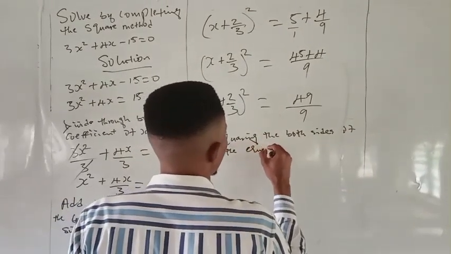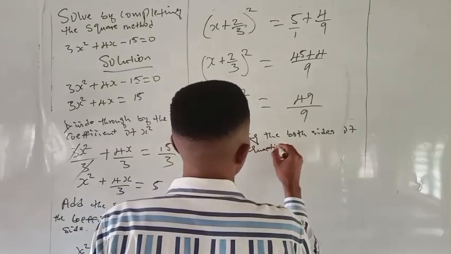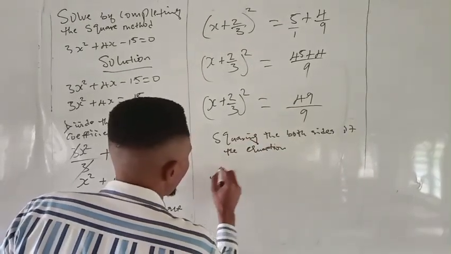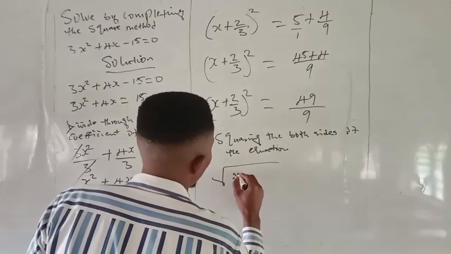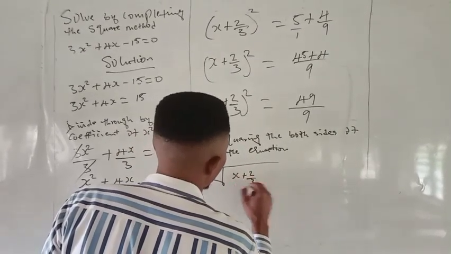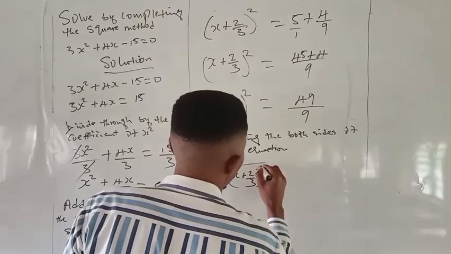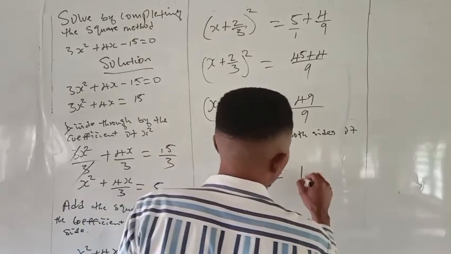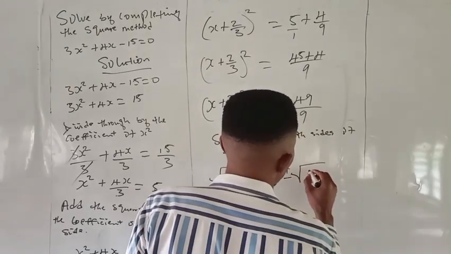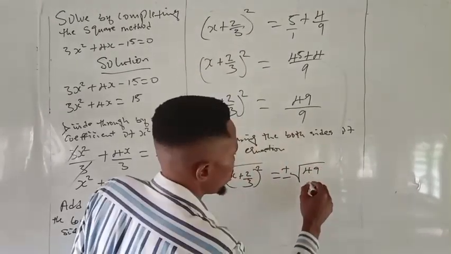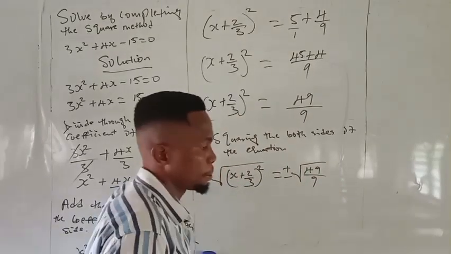Okay, so taking the square root of both sides, we have the square root of (x plus 2 all over 3) squared, alright, equals to positive negative square root of 49 all over 9.